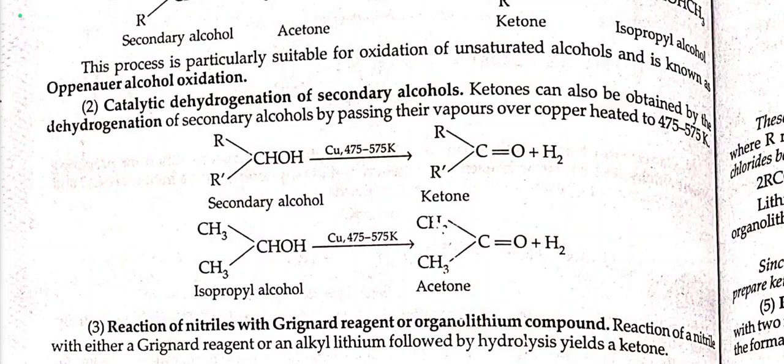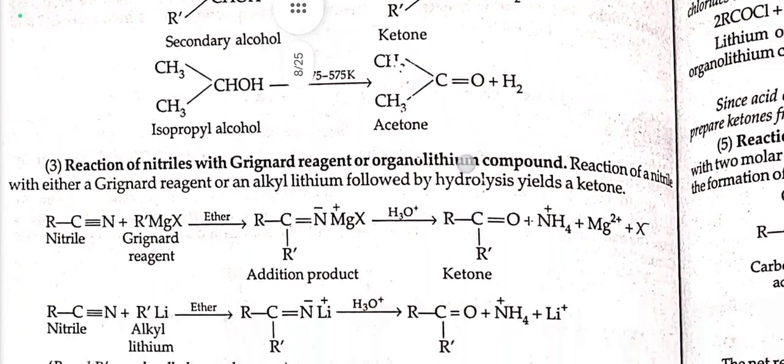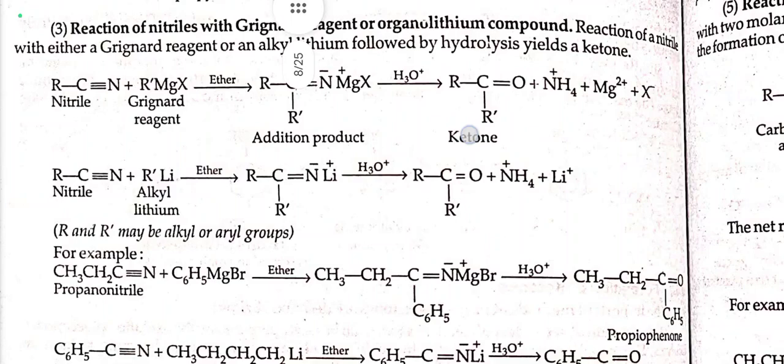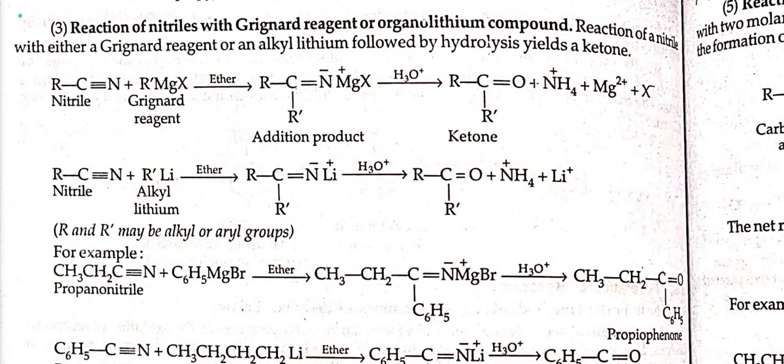Ketones can also be obtained by the dehydrogenation of secondary alcohols by passing their vapors over copper heated at 475 to 575 Kelvin. Third is the reaction of nitriles with Grignard reagent or organolithium compound. Reaction of a nitrile with either a Grignard reagent or an alkyl lithium followed by hydrolysis yields a ketone.